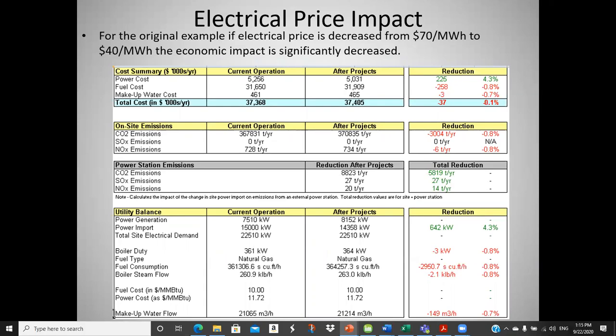And if we change that $70 a megawatt hour to $40 a megawatt hour, then I lose money, because the electricity I'm generating doesn't save me much. I'm only paying 4 cents a kilowatt hour instead of 7.